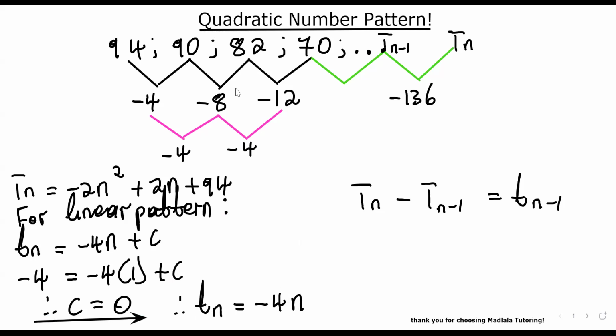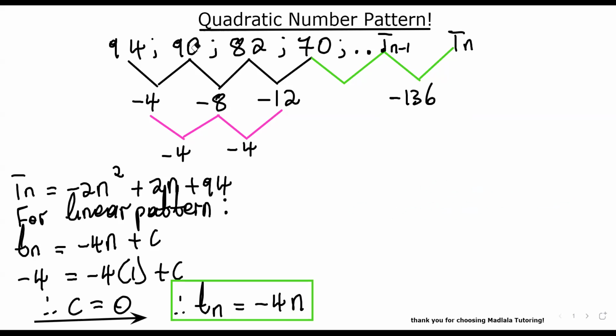So now that we know the general term of the linear pattern, what are we going to say? Remember, we want to find the position of a term that has a value of negative 136. So we say negative 4n is equal to negative 136.